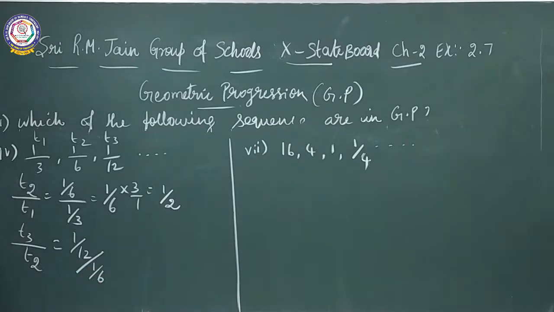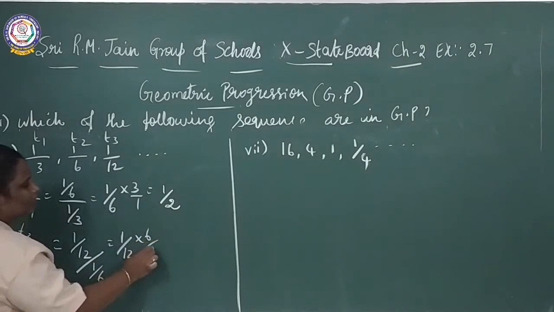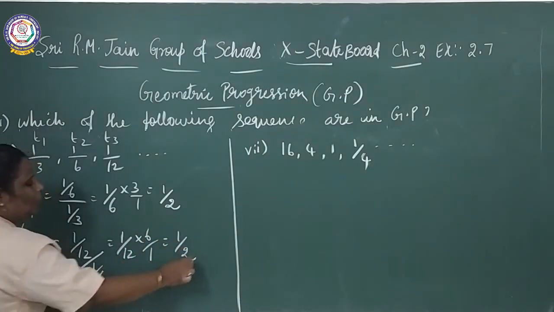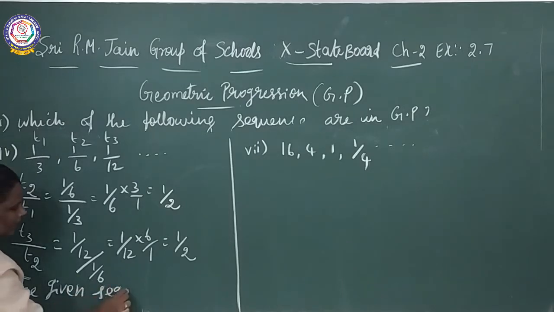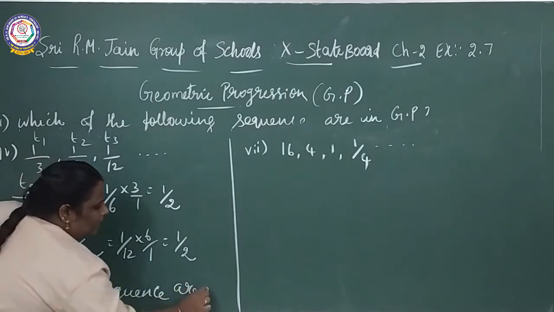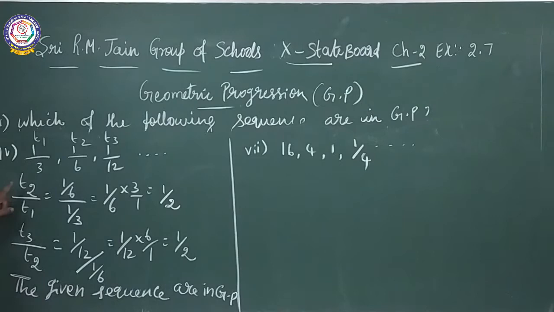It gives 1 by 12 into 6 by 1. So the value is 1 by 2. Both are equal. The ratios are equal, so the given sequence is in GP because T2 by T1 equals T3 by T2.